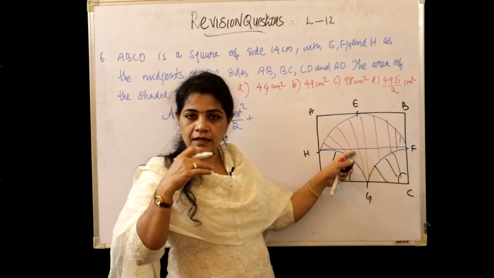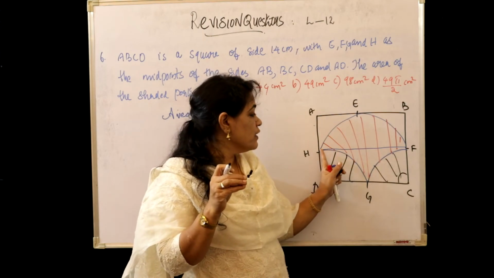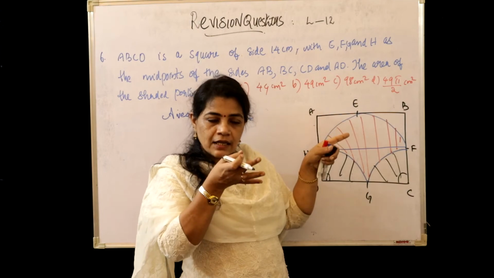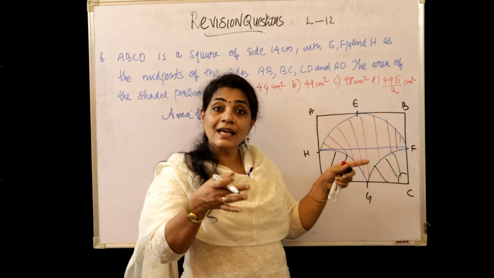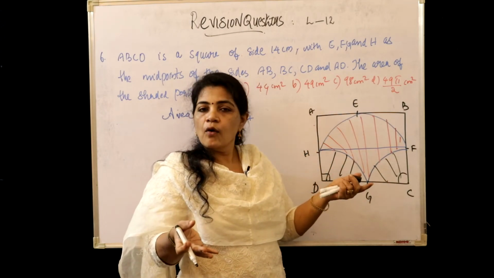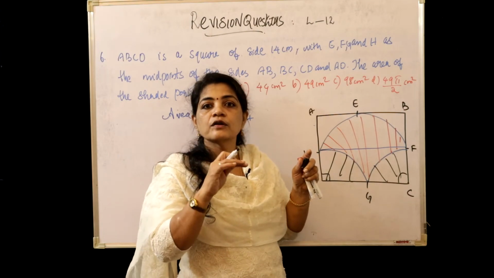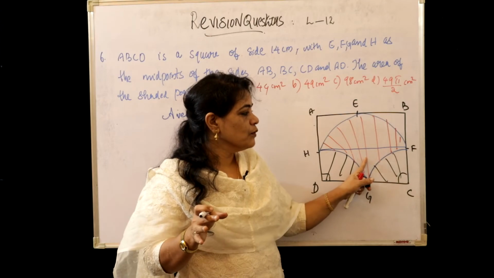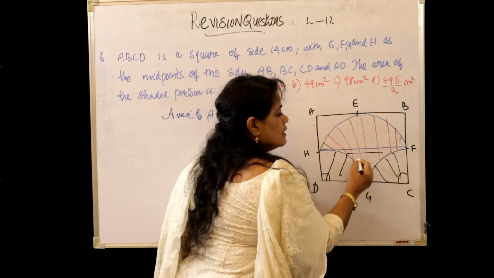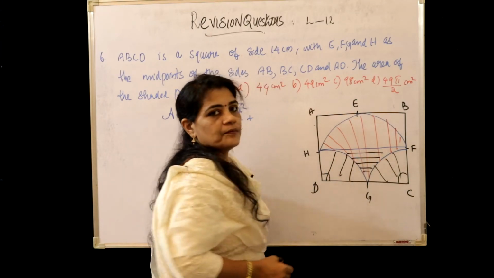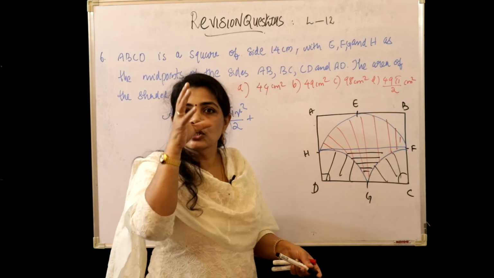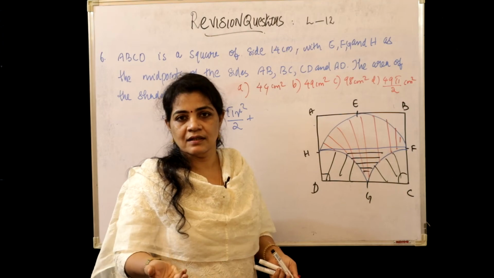Understood? Why am I saying half of the square? Because we are joining the midpoints and we have considered that portion, and these two quadrants are in the second half of the square. So from half of the square you have to subtract the area of two quadrants, and that will give you this area. When you add these two, you will get the total area of the shaded region.